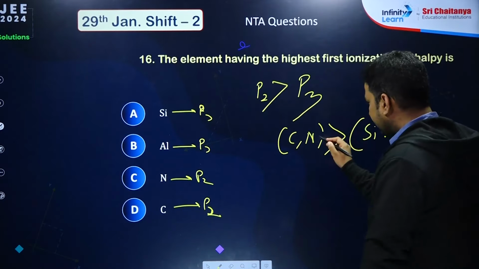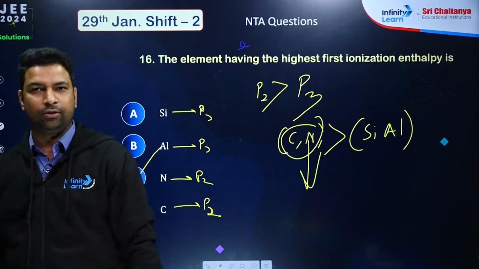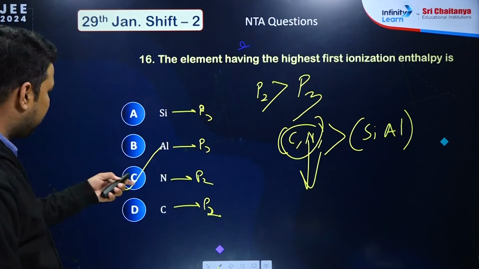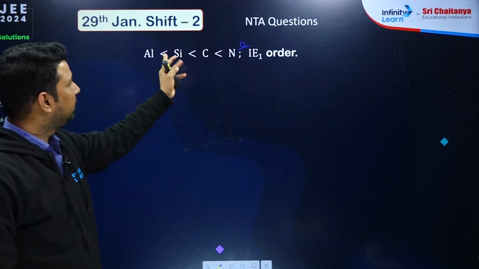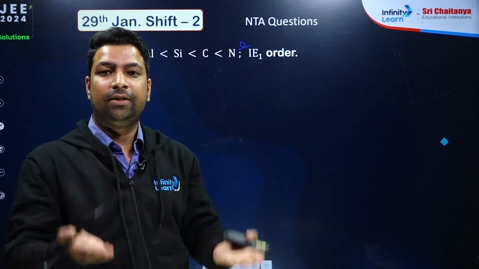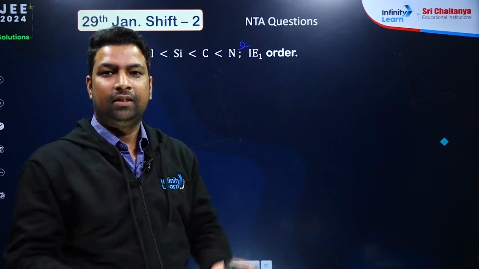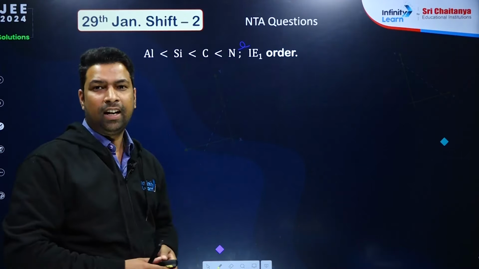In nitrogen, the subshell is half filled. Nitrogen will be the answer. So it was a too easy question. You can segregate them like that. So the order will be nitrogen, carbon, then silicon, aluminium. Because left to right, ionization energy increases as effective nuclear charge increases. Clear? So nitrogen has the highest.